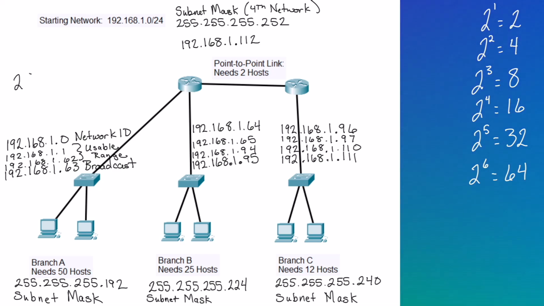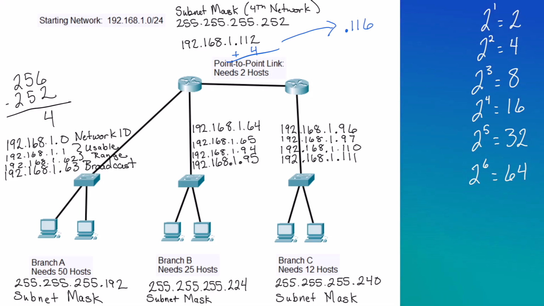Again, calculate the block size with the magic number. 256 minus 252 equals 4. So our block size is 4. We'll add the block size to the interesting octet. When we add the block size of 4 to our interesting octet, which is .112, we end up with .116. That would give us our next network ID if we needed one.